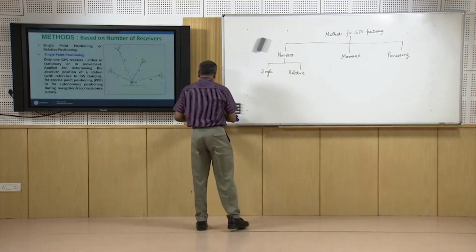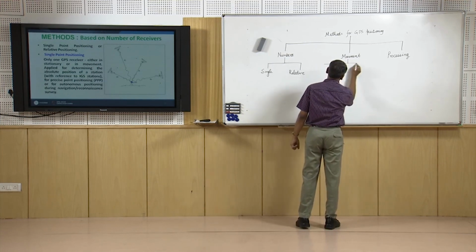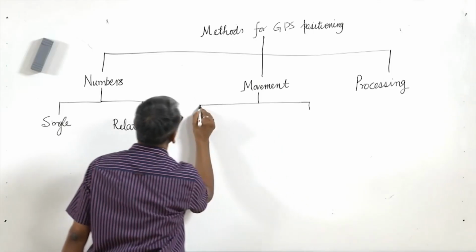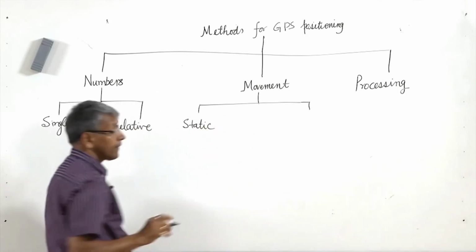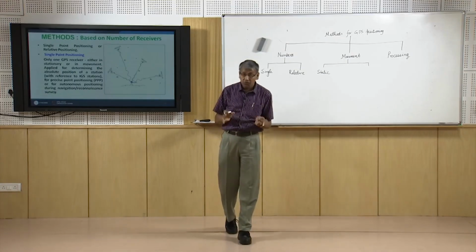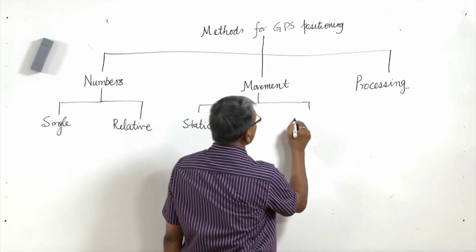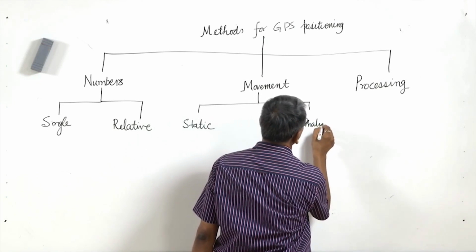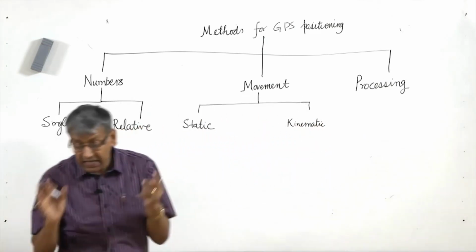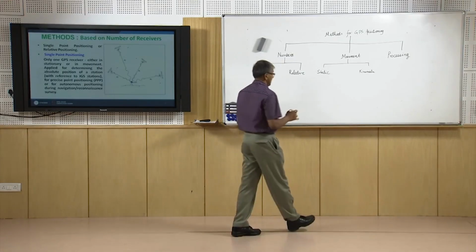Then depending upon the movement, again there may be 2 types. One is called static positioning, where the receivers will be in static condition, and another is called kinematic positioning, where at least one of the receivers should be in a movement condition.